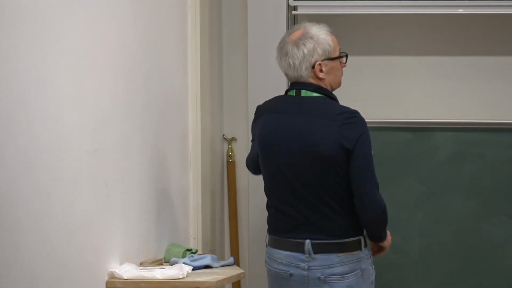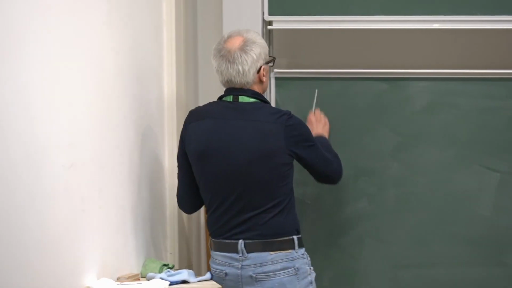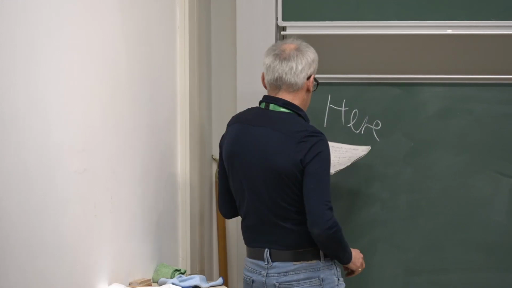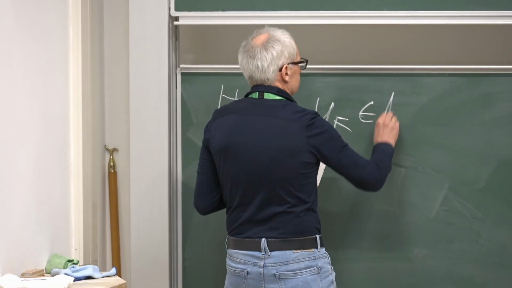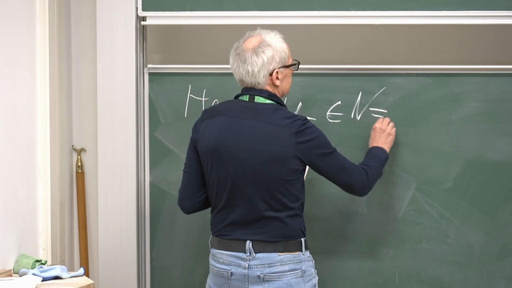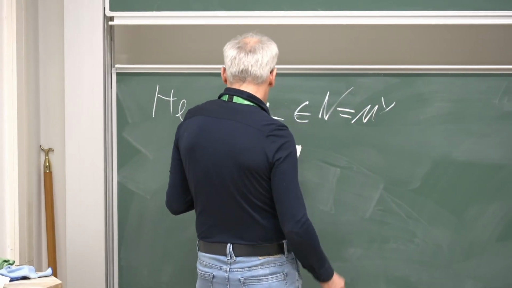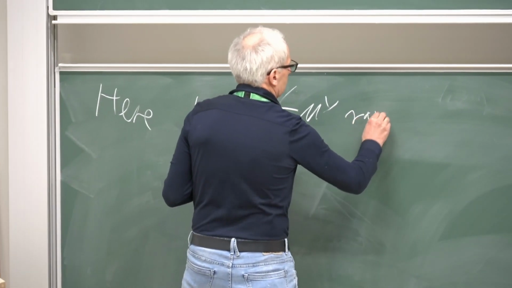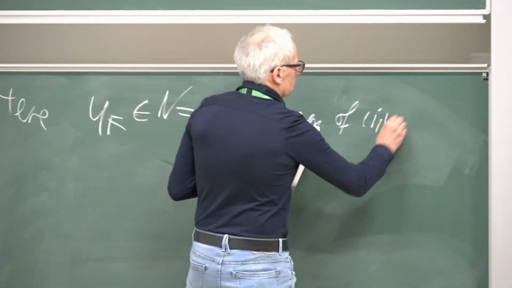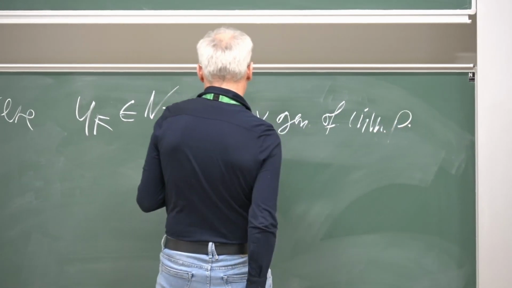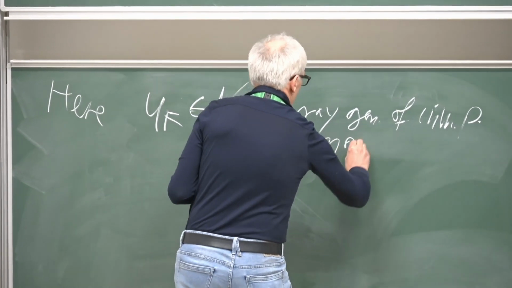And here we take u_F in the dual lattice, which by my convention is a primitive generator of the inward pointing normal to the facet.